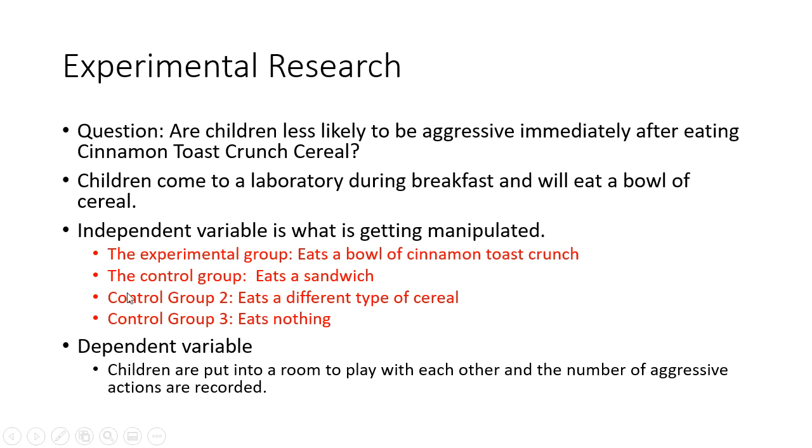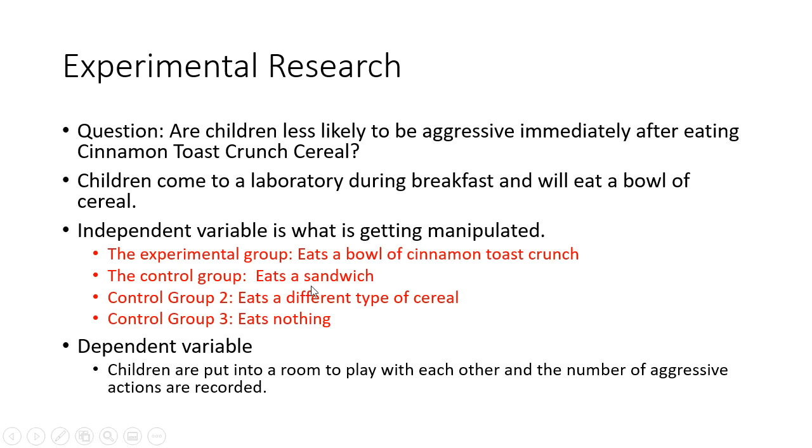They may want to take this a step further in the independent variable group, because if they find something significant, that people who ate a bowl of Cinnamon Toast Crunch had fewer aggressive actions, they may say, well, maybe cereal in itself makes you less aggressive, and not the Cinnamon Toast Crunch.